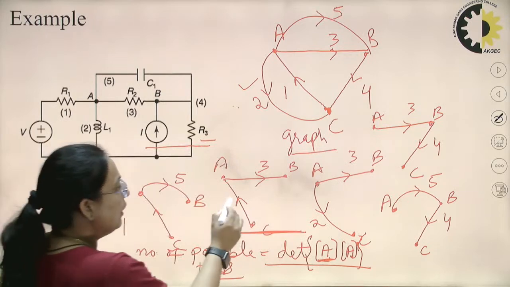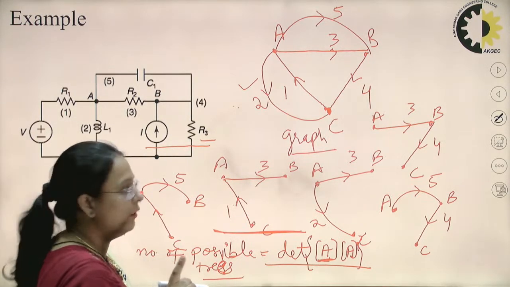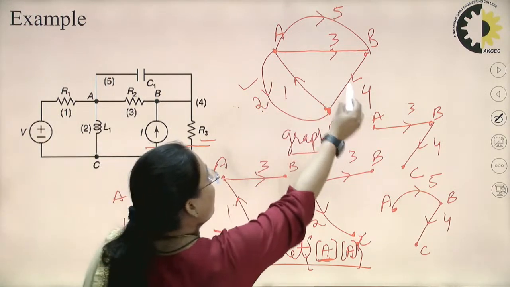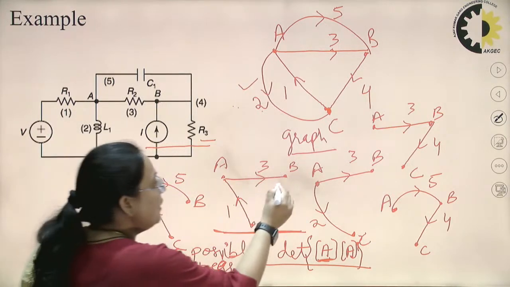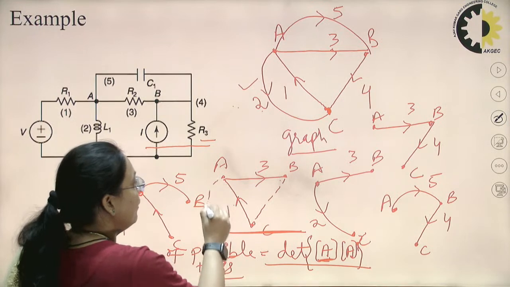In this tree, branch number 1 and 3 will be called twigs, but the left out branches, that is branch number 2, branch number 4 and branch number 5, I can represent with the dotted line, right?